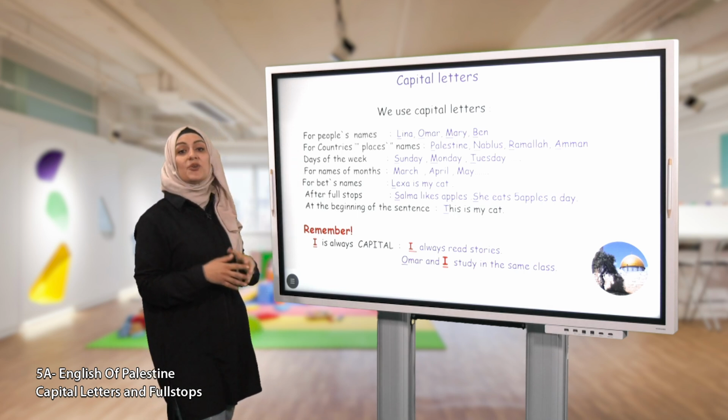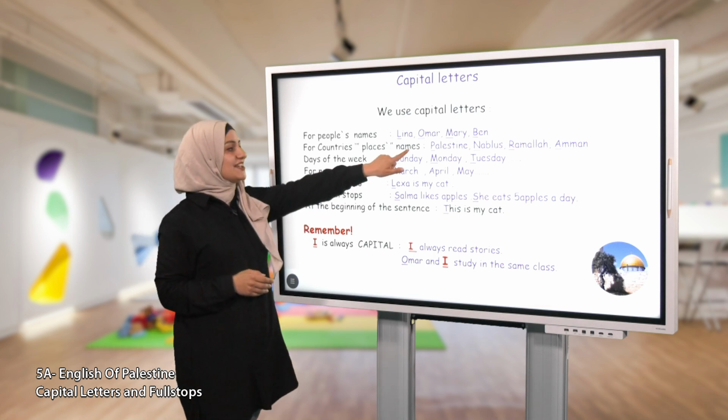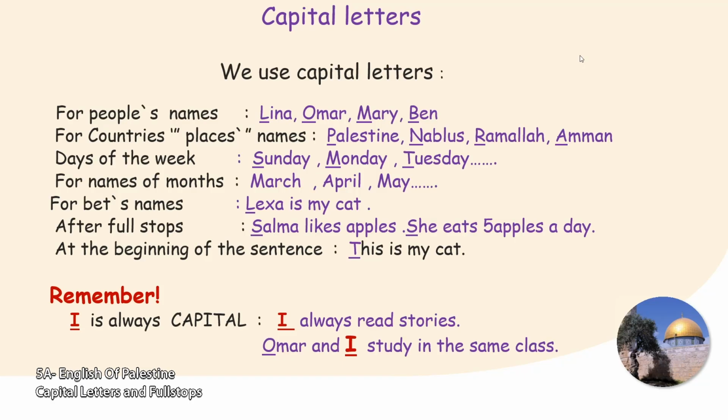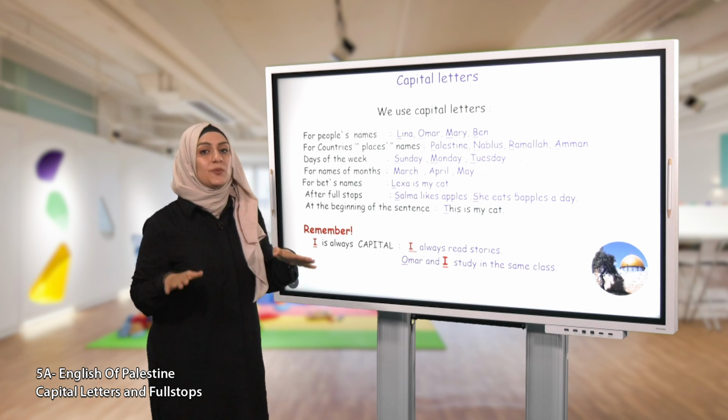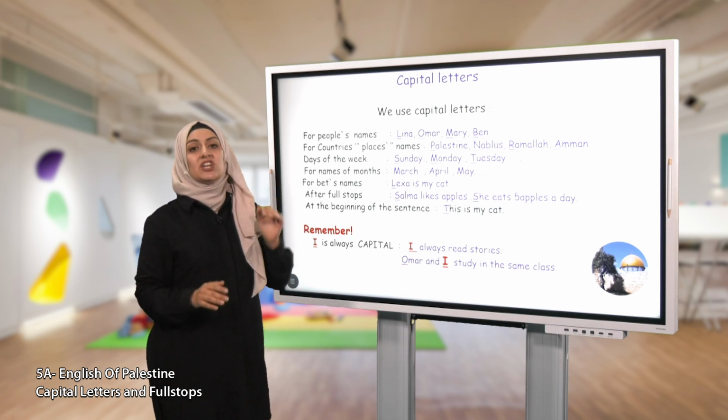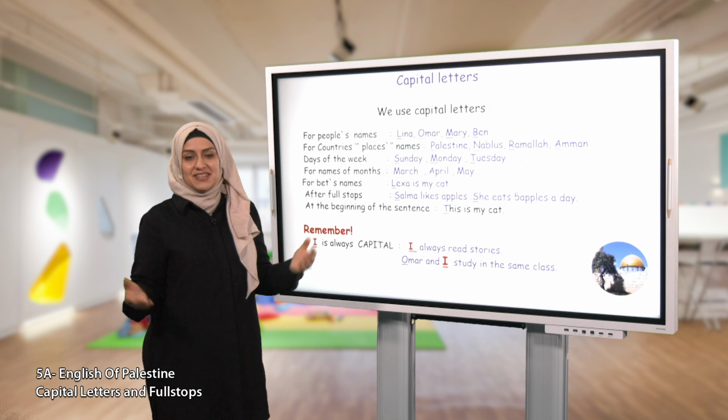For countries or places, Palestine with a capital P. Nablus as a city also should start with a capital letter. Ramallah, Amman, Jordan. The days of the week. All the days of the week from Saturday to Friday should be written with a capital letter at the beginning.